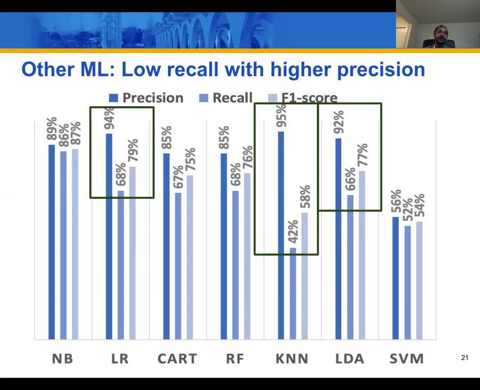They show higher precision with lower recall, but our target is to pick the model which keeps balance between the precision and recall. So we'll work with the naive Bayes model.